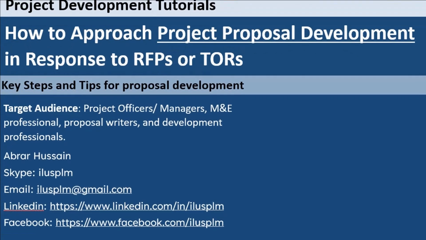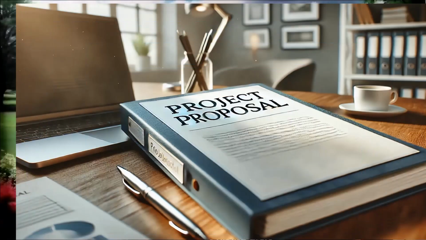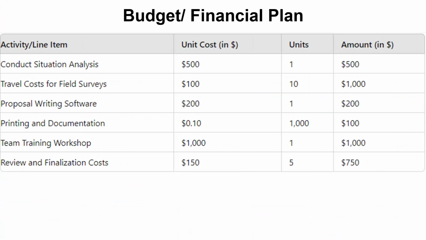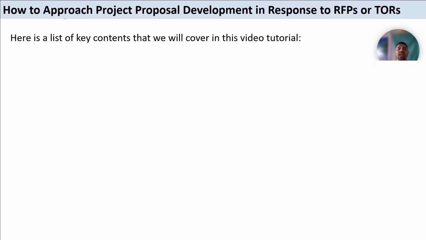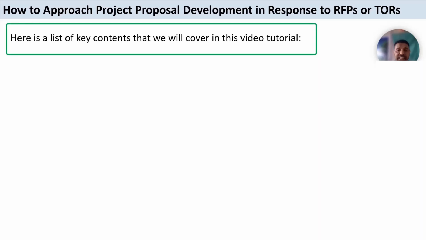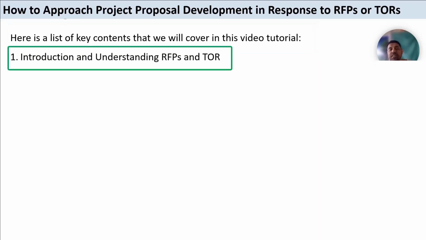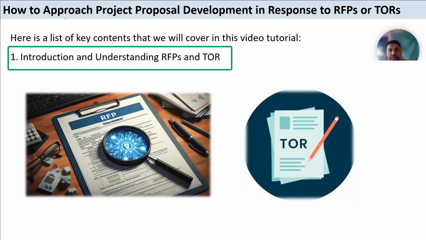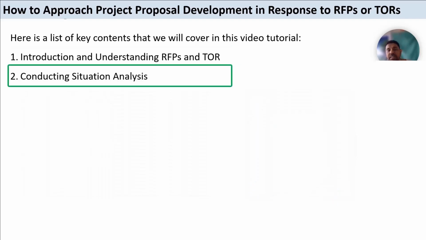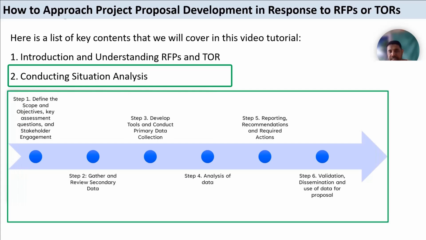You will learn valuable insights and practical knowledge to develop proposals, work plans and budgets in response to a request for proposal or ToRs. A list of key content that we will cover in this video. First, we will start with an introduction and understanding RFPs and ToR. Then we will discuss how to conduct situation analysis.